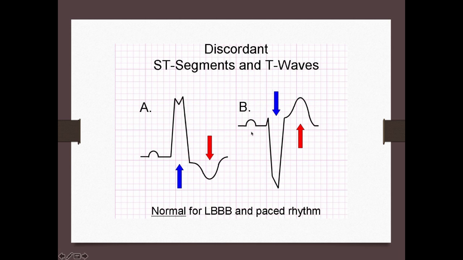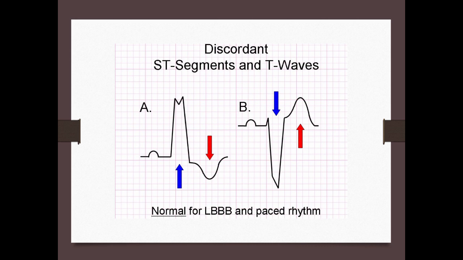And here is where we get into issues, because these discordant T waves are going to normally affect the ST segment elevation and depression in and of itself, and might be normal, but it might not be.